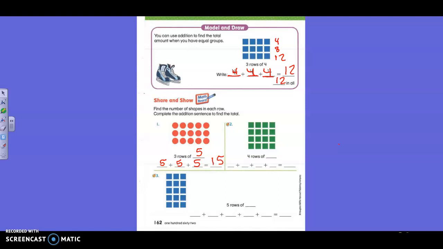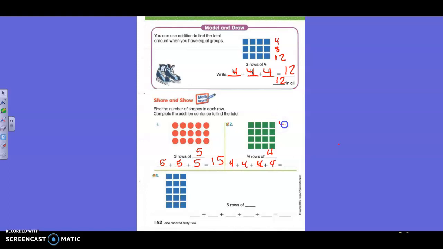Number 2, this says 4. If you don't know how to count by fours, that's fine.